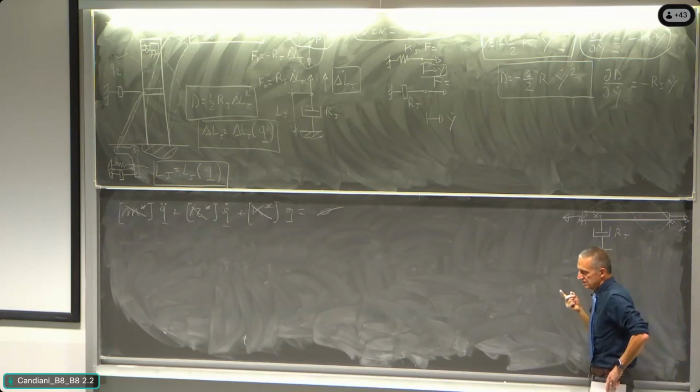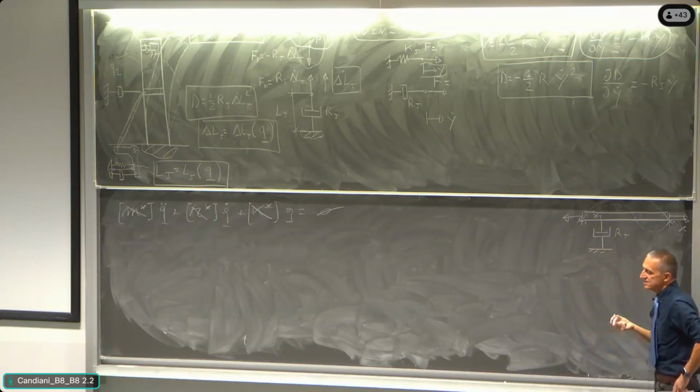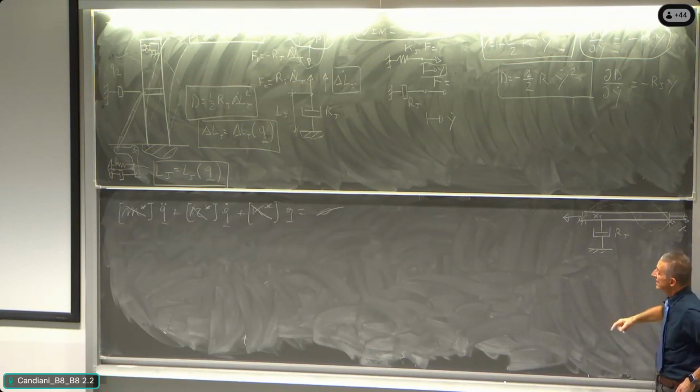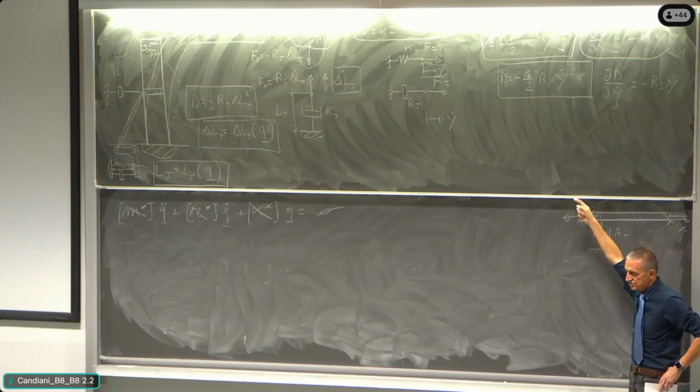Then there is the evidence that the local concentrated damper is making something different, is making the coupling of the modes. So there is evidence, and this evidence comes also from the discussion that we were starting to do here, and that we are going to do.